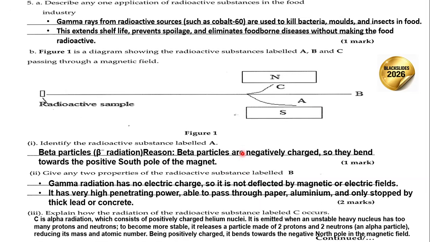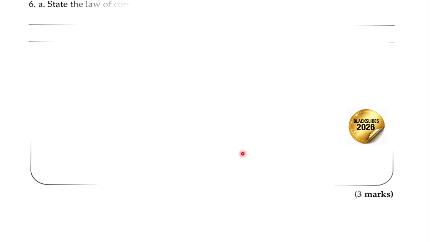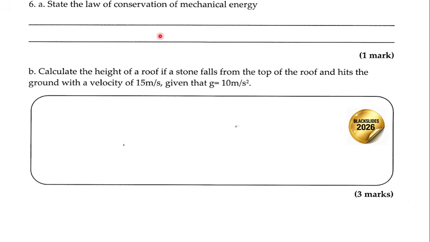Welcome, learners. State the law of conservation of mechanical energy. Remember that mechanical energy is the total sum of potential energy and kinetic energy of the system. The law of conservation of mechanical energy is basically the law of conservation of energy itself.